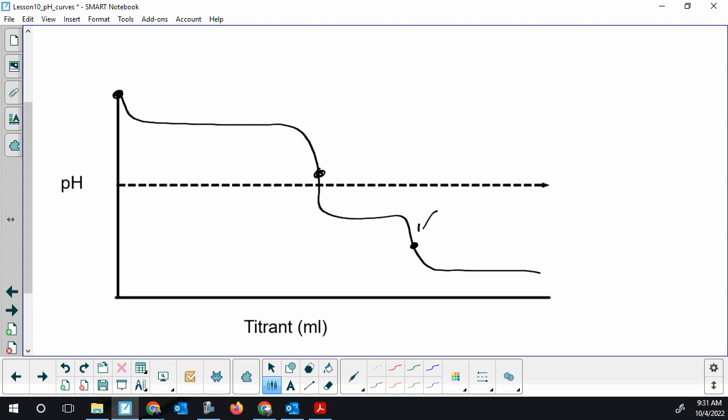And we're going to think about what indicator we could use to study this second equivalence point. So this is equivalence point number 2. It's when all of the carbonate has picked up its second H, perfect 2-to-1 ratio, and we maybe want to stop our titration there.